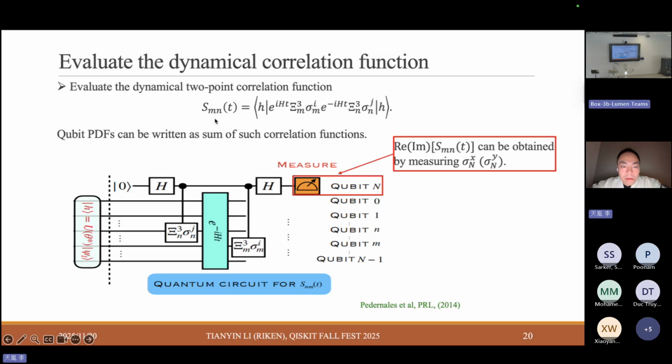The dynamical correlation function is given by this formula, and according to the quantum algorithm proposed in this PRL article, we only need to measure the X-ray qubit, and then we can obtain the real and imaginary parts of the 2-point correlation functions.